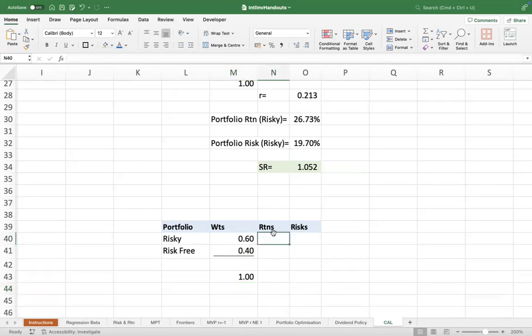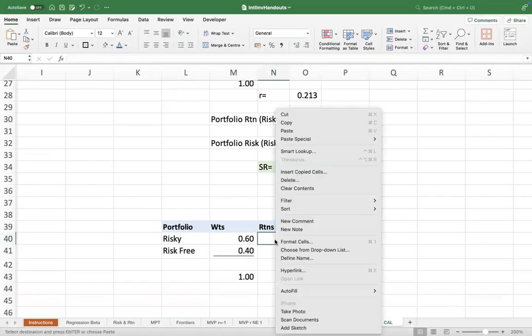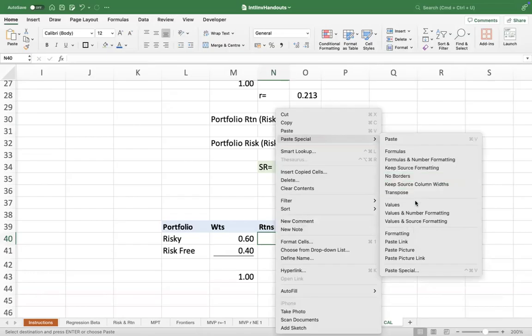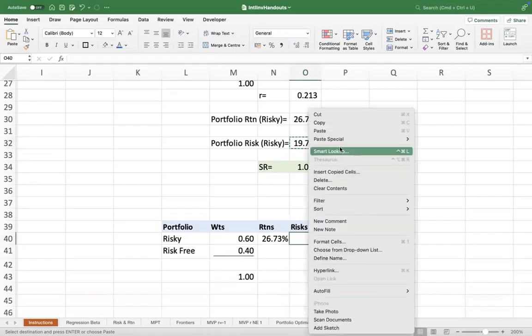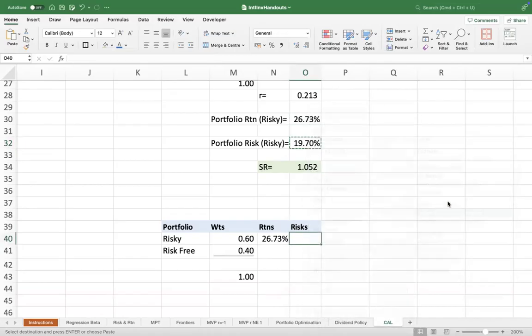And when we do that, we will get these return and risks, because at this point your Sharpe's ratio is maximum. So I've just combined it in a manner that my risky will always lead to the maximization of Sharpe's ratio.